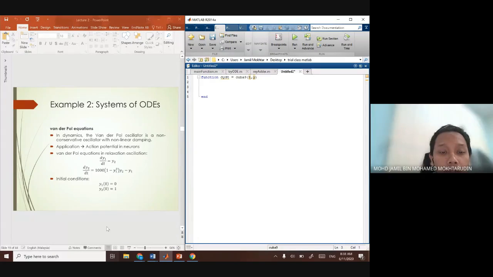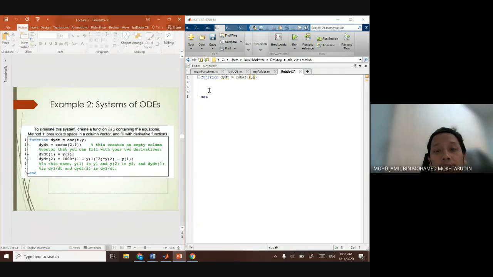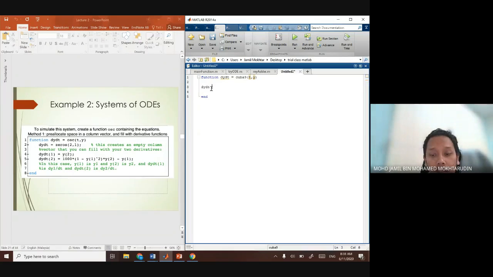So the first thing you need to do is write dy/dt equals zeros(2,1). The purpose of writing zeros here is to create an empty array, or empty matrix.